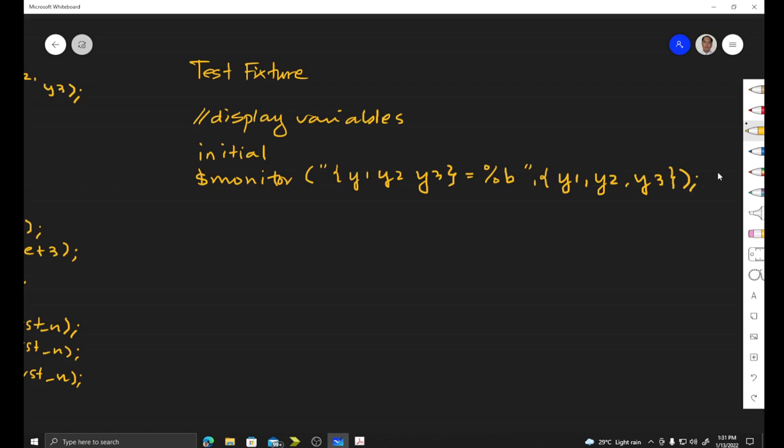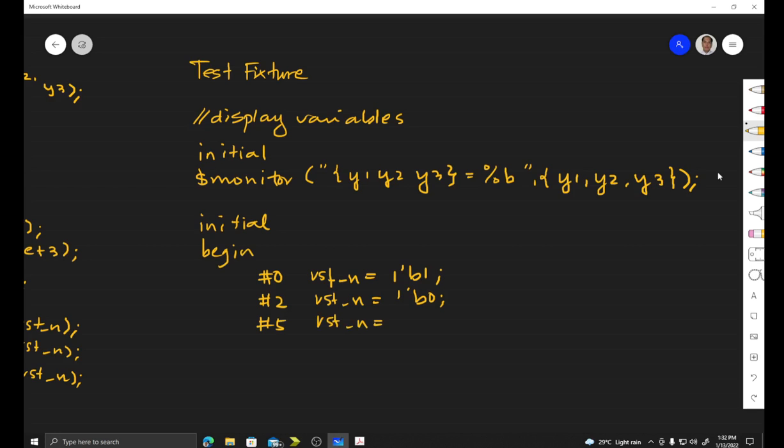Then we generate a reset in an initial block. Begin at 0, reset n is 1, then at clock 2, reset n is 0, then at, let's say, clock 5, reset is 1.